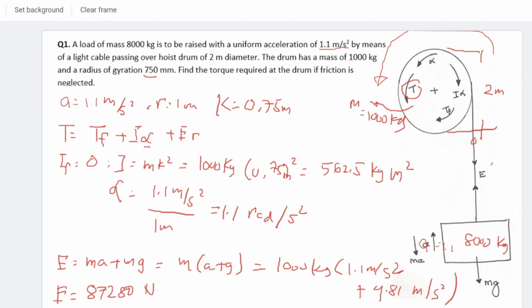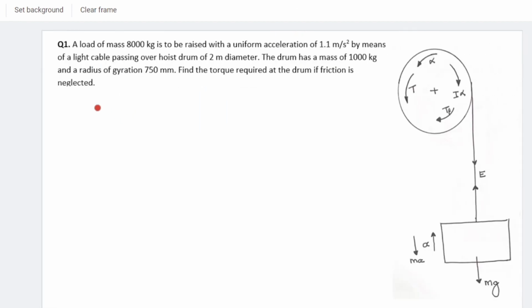So I think we have all that we need. We can just substitute again. T, as I said, is equal to the frictional couple, which is equal to 0, plus the inertia couple times the angular acceleration, and then E multiplied by R. I we calculated already earlier.